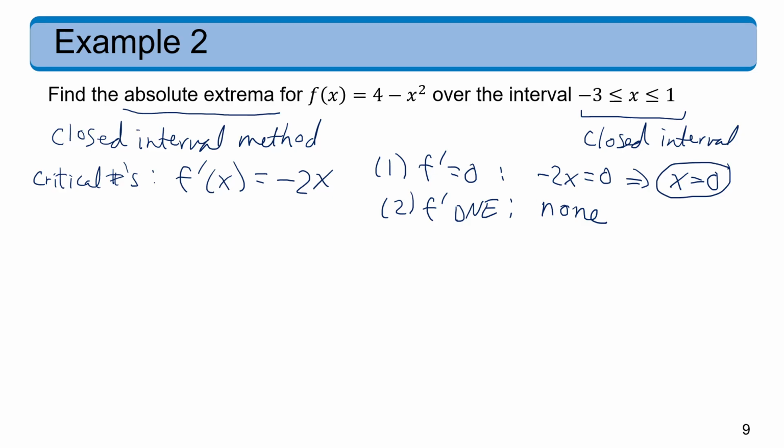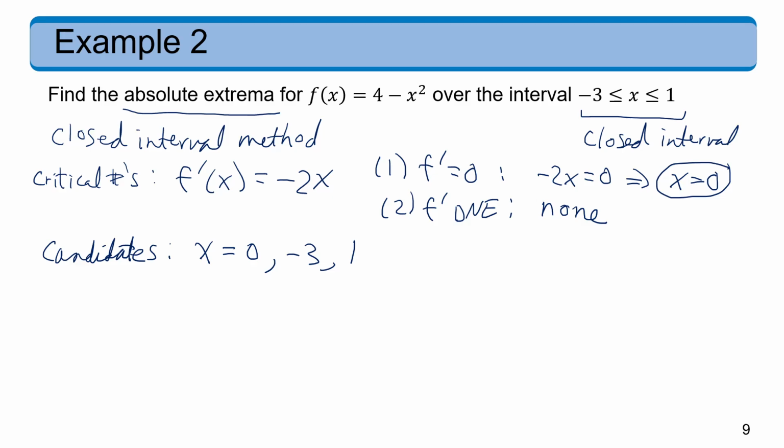Now we're not going to use the number line method. That's for finding local extrema. What we do now is we list our candidates. And the candidates always include all of the critical numbers and the endpoints, which are -3 and 1.